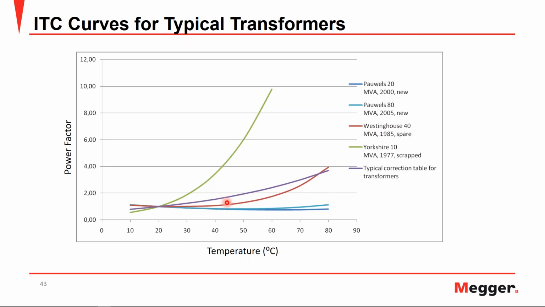And we can see that for several of them, or for the majority of them here, you overcompensate, and for the others, you undercompensate. So you can see that you get a lot of inaccurate temperature correction when using the tables. So another strong use for the individual temperature correction.